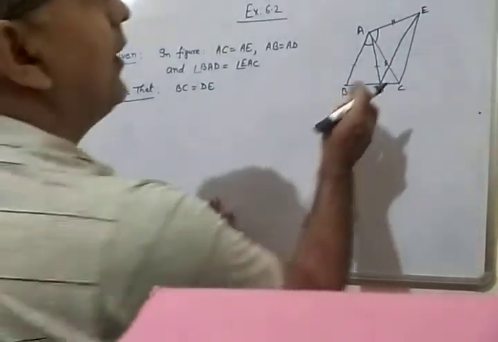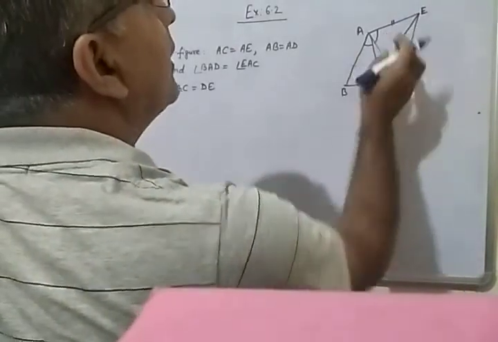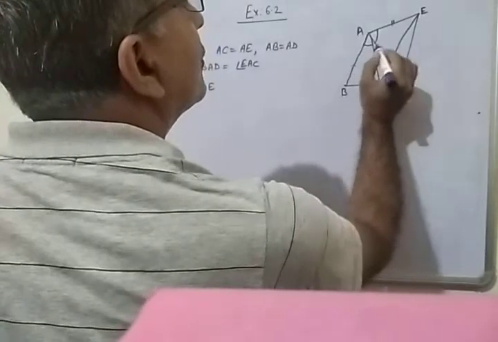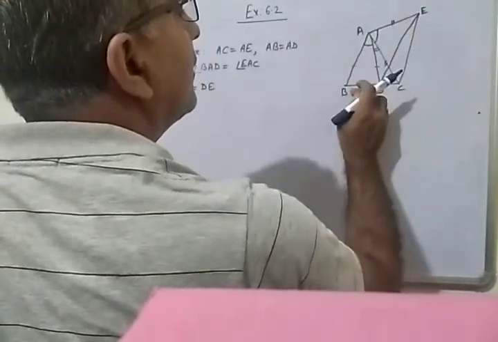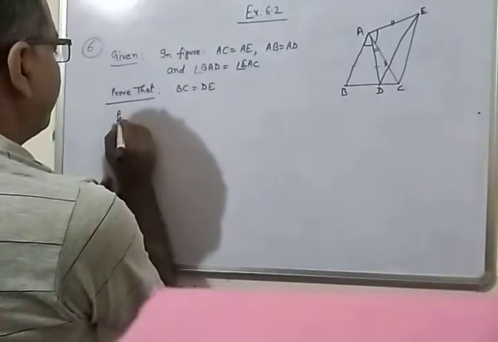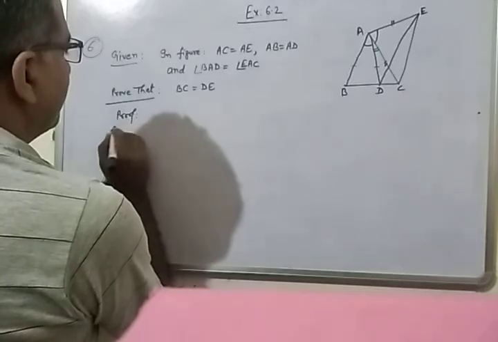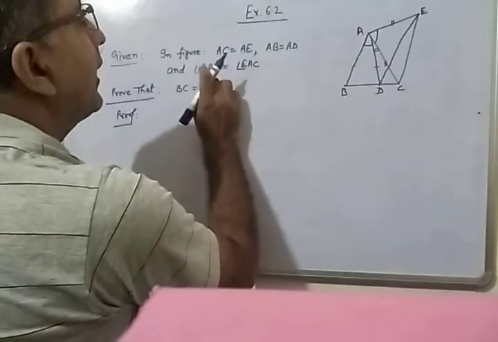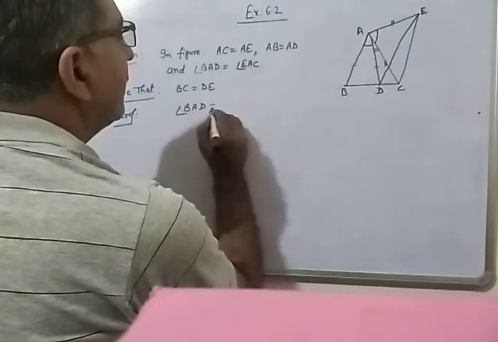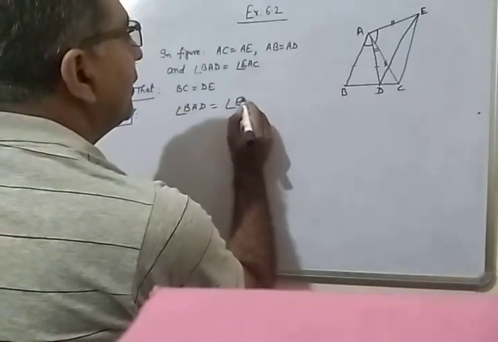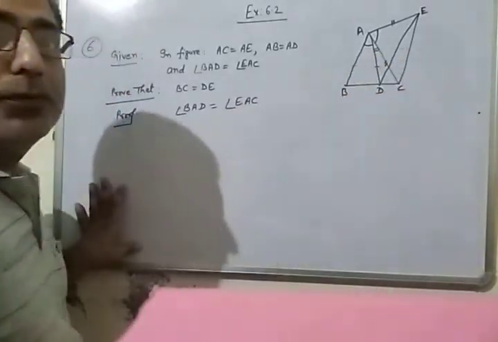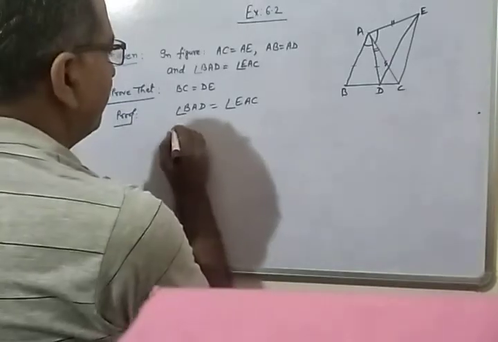So see here, this angle equals this angle. If we add this angle in both the angles, then we will get angle BAC and angle DAE. So, proof. We take angle BAD equal to angle EAC. Now add angle DAC on both sides.